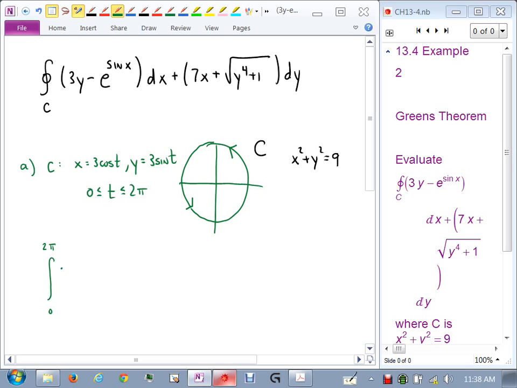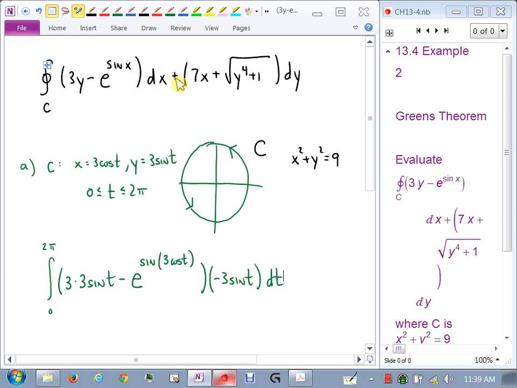So that's 3 times y, but y is 3 sine t, minus e to the sine of 3 cosine t, all of that dx. What's dx? Minus 3 sine t dt. That's just the first one.